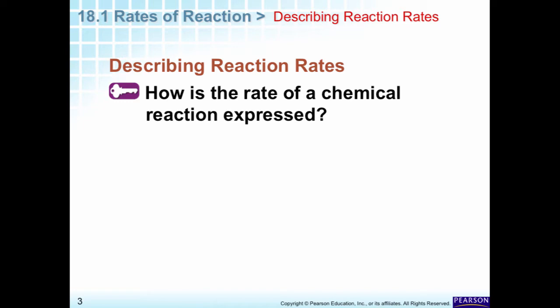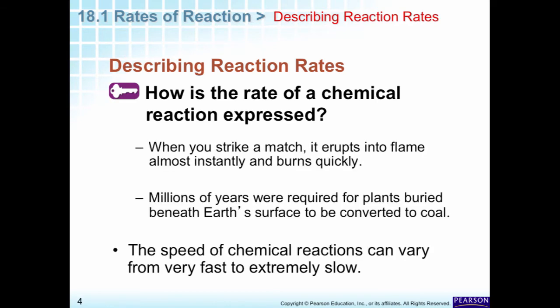So how fast does this happen? If we want to cook food on the go, we want this heat to be produced very, very quickly. For instance, if you strike a match, you see a flame, and it burns out very quickly. But what happened to the coal that is in the ground?